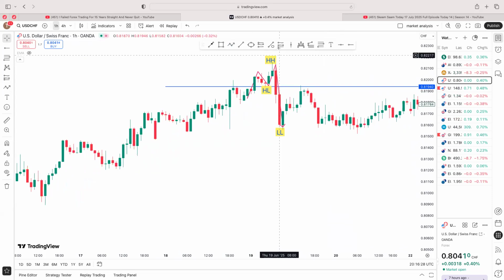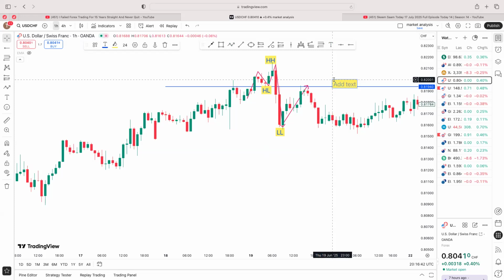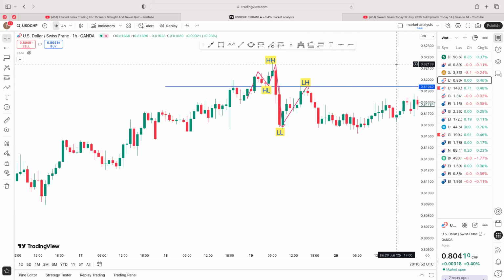So look at this. As they now break below that higher low, they go create a new lower low. This now becomes a lower high. This one becomes a lower high. Where is the lower high going to?